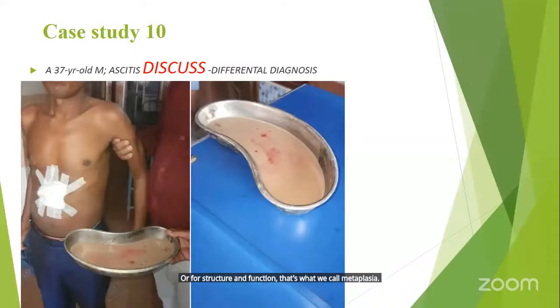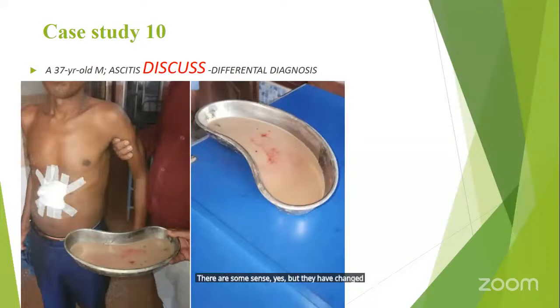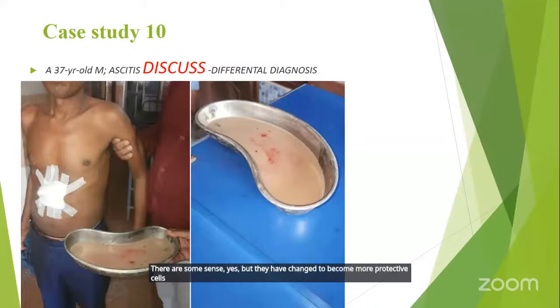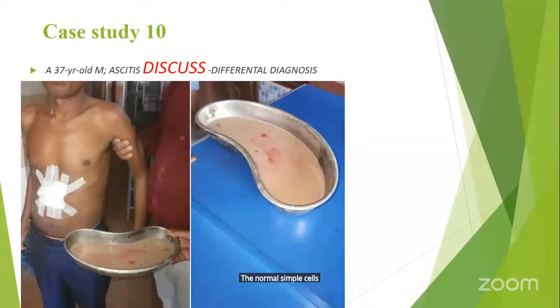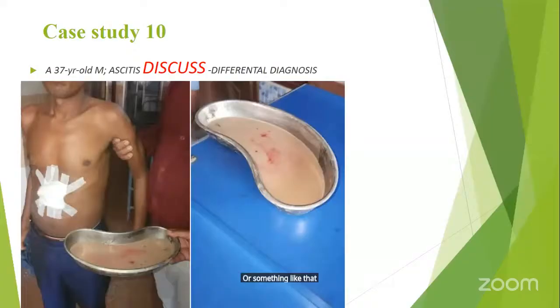They change, and you will see that you will develop a hard muscle around where there is pressure. They are the same cells, yes, but they have changed to become more protective cells than the normal simple cells that were there. On the microscope, you will see them differently. If they were round, you'll find them looking more square. In simple terms, it's the change of cells associated with environmental factors, either acidity or pressure or some chronic inflammation.